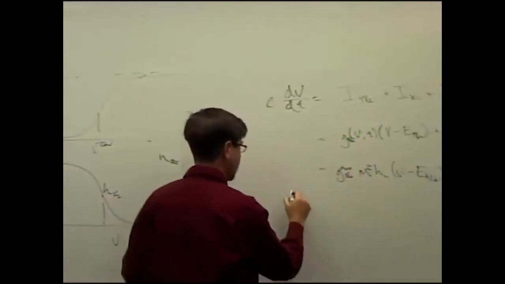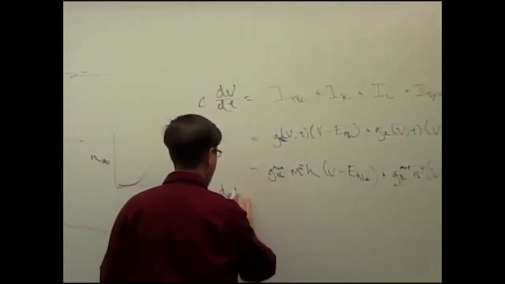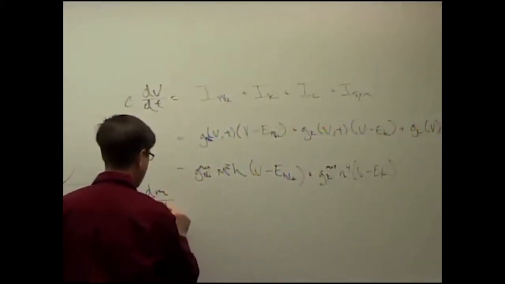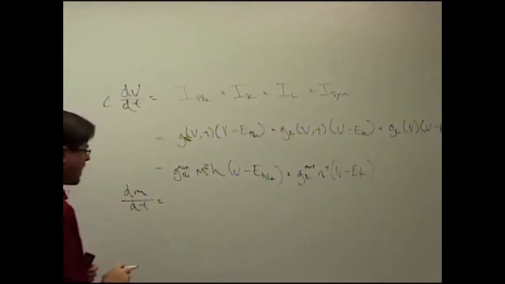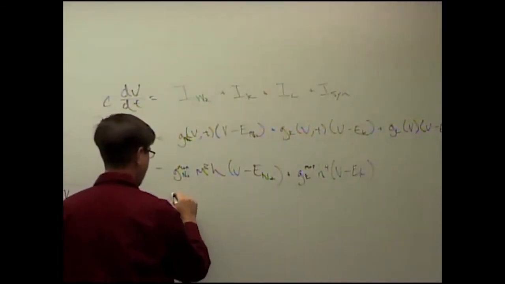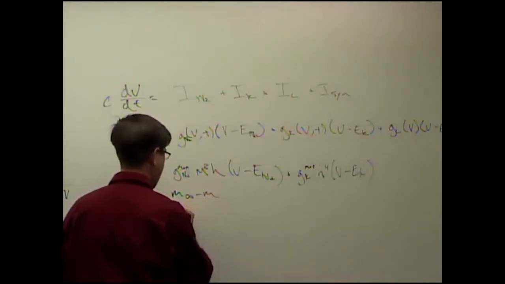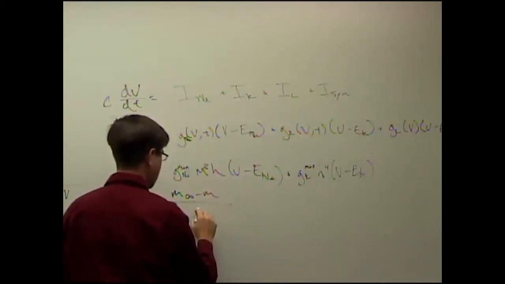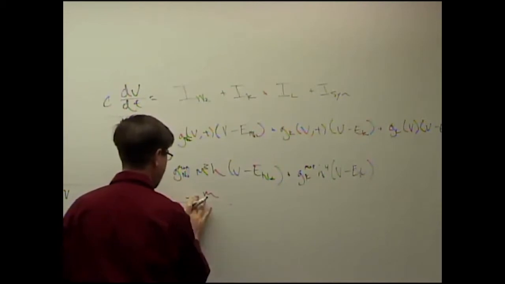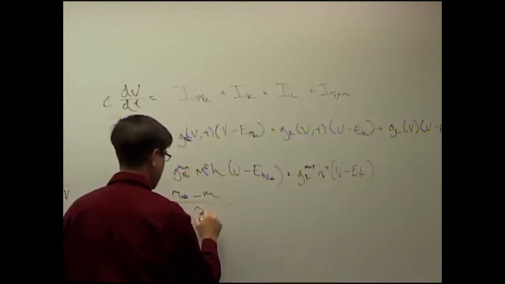And so we can actually calculate a function dm/dt is equal to m inf minus m over tau m.